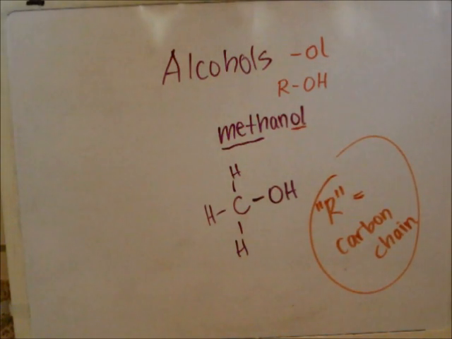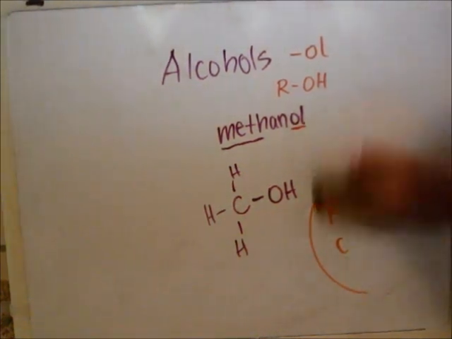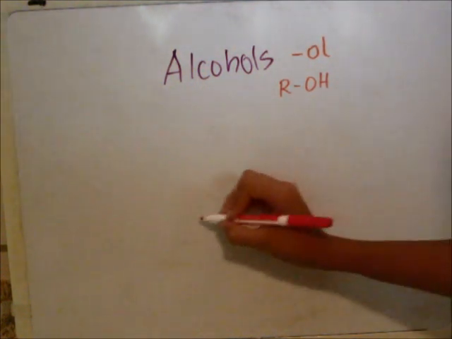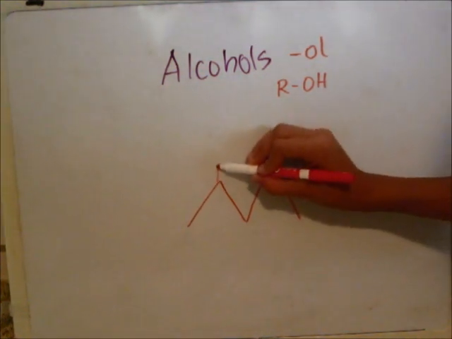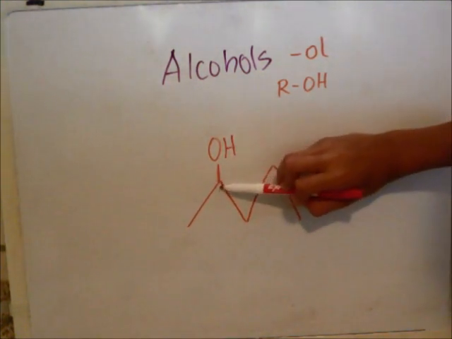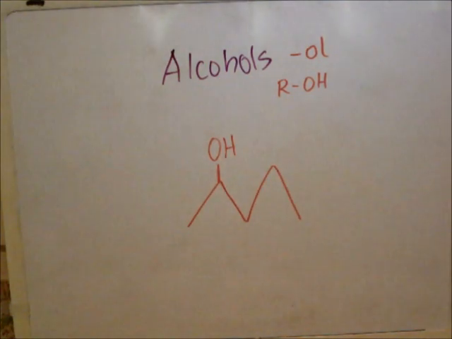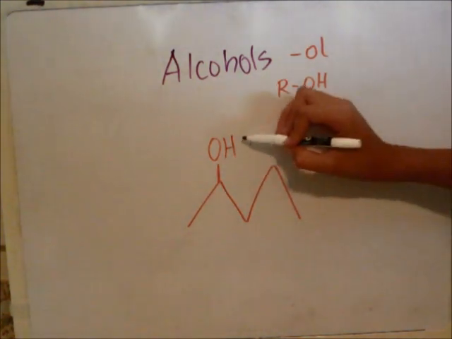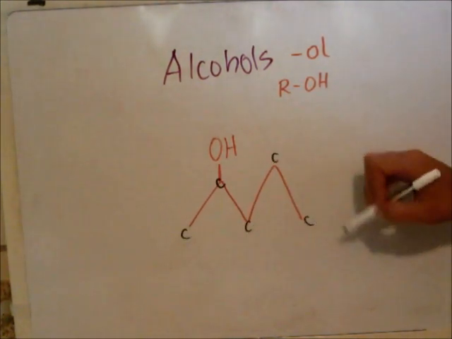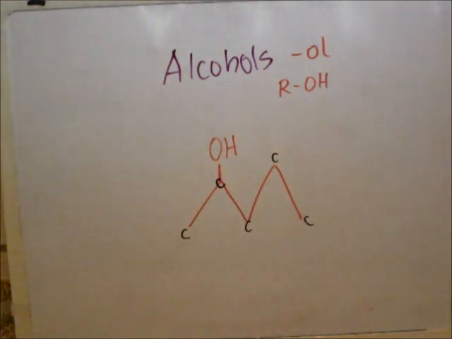Let's do one more example of an alcohol. I'll draw it this way. Notice that this C right here is bonded to just the O, and then the O is bonded to the H. So we have our C's, and whatever empty spaces the carbons have, there's an H attached.